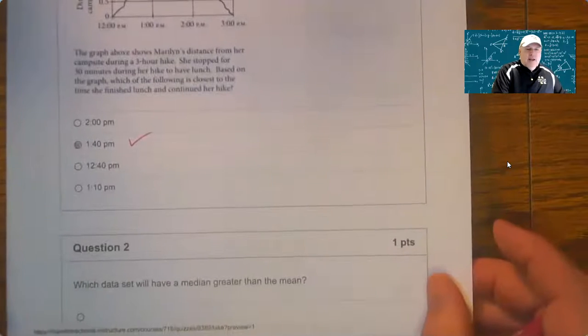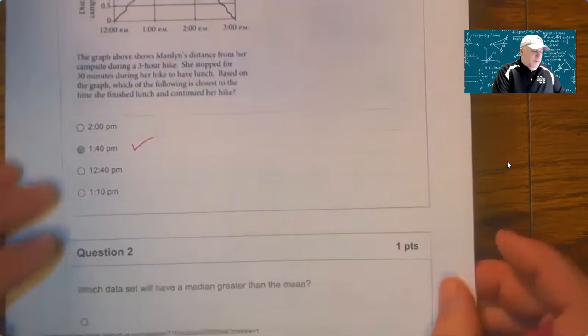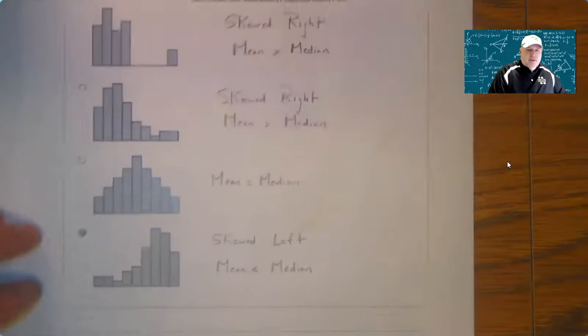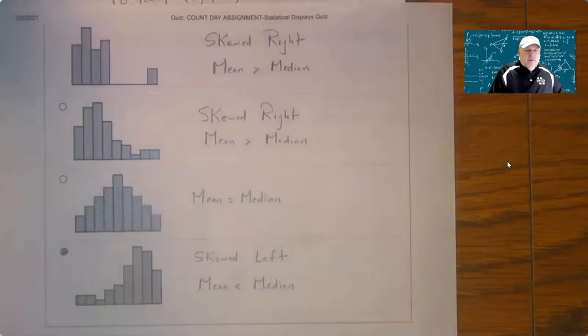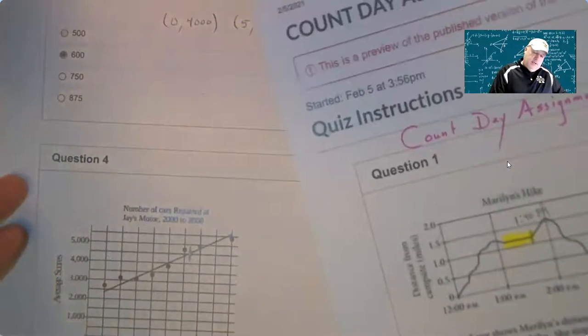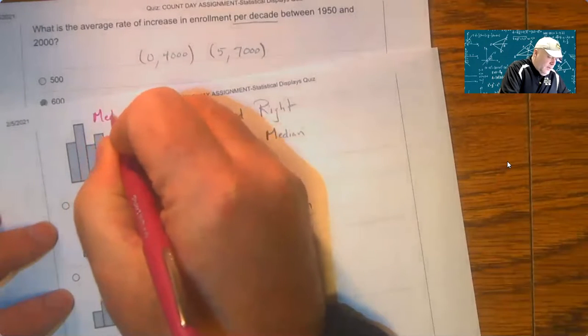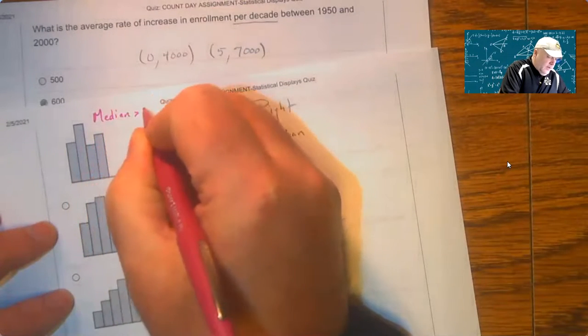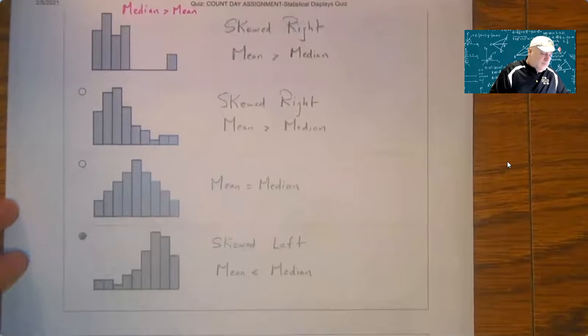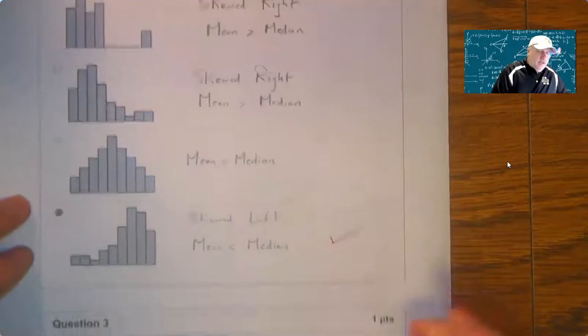Which data set will have a median greater than the mean? So we've got to flip over here. This has to do with skewing of the data. Let me write that down on this page. A median greater than the mean, we want this. The middle number will be greater than the mean, and that one is going to be right here.